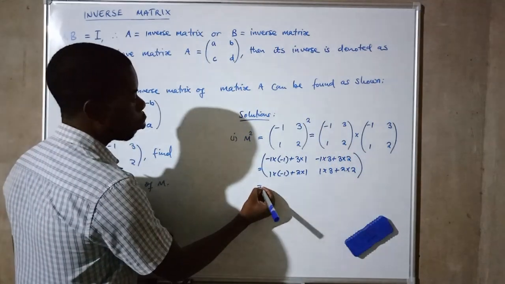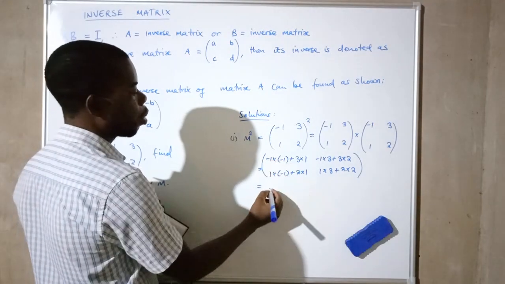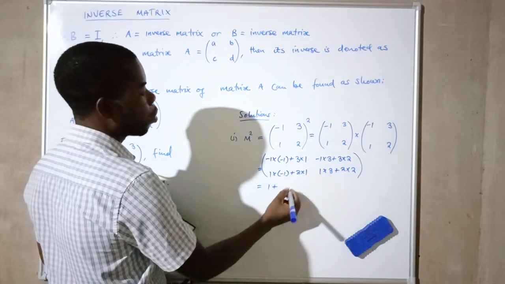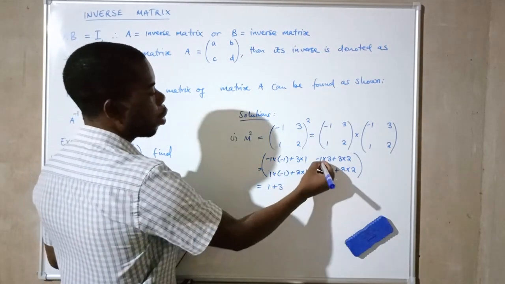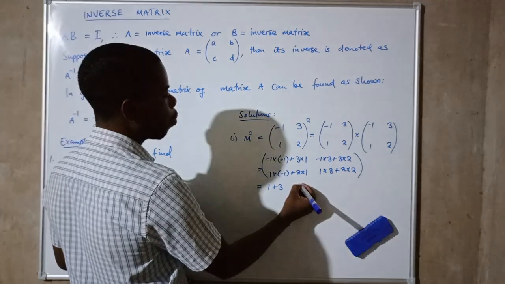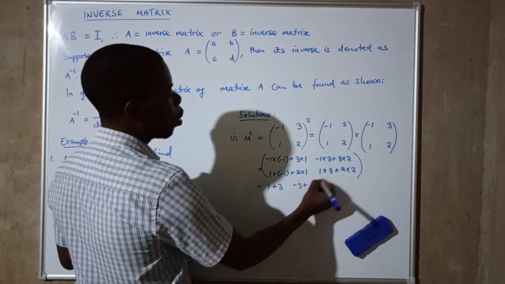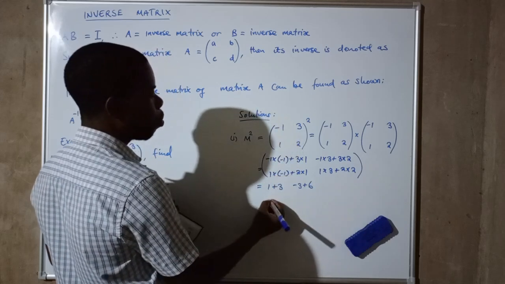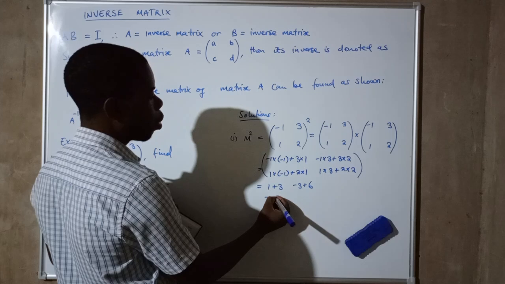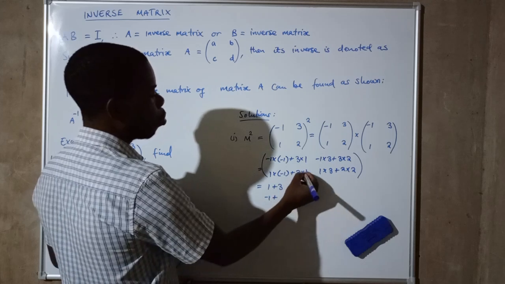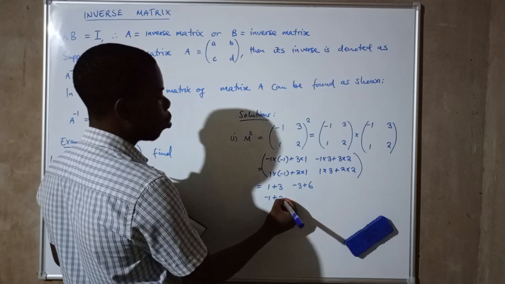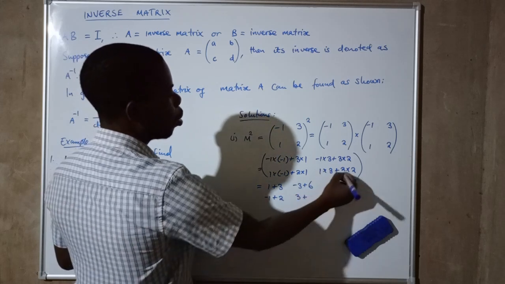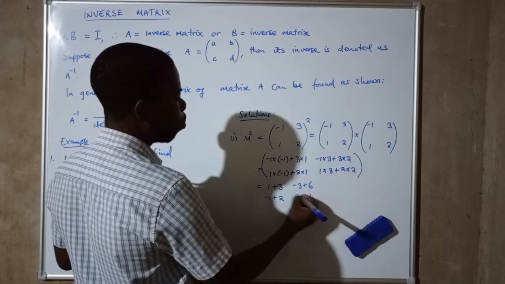Then we'll continue. Negative 1 times negative 1 is positive 1. Then plus 3 times 1 will be 3. Then here negative 1 times 3 will be negative 3. Then plus 3 times 2 will be 6. Then negative 1 times 1 is negative 1. Then plus 2 times 1 will be 2. Then 1 times 3 will be 3. Plus 2 times 2 will be 4.